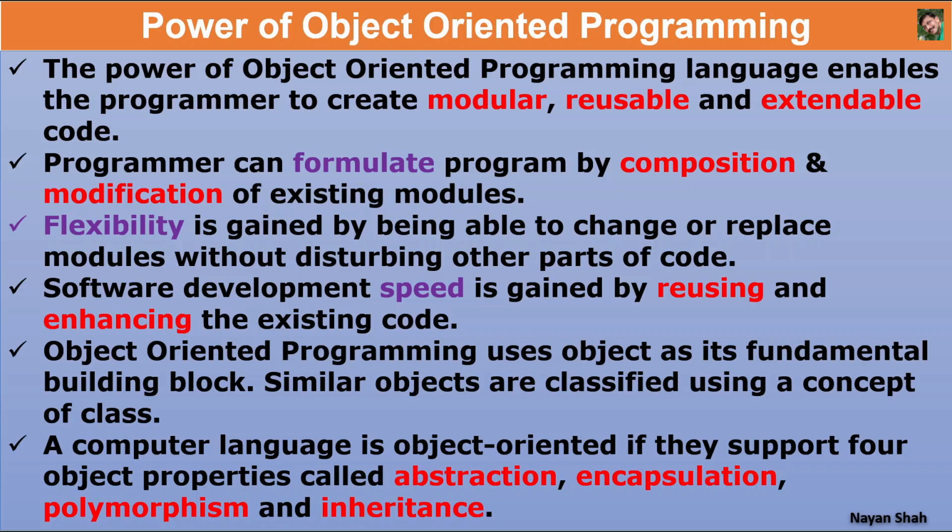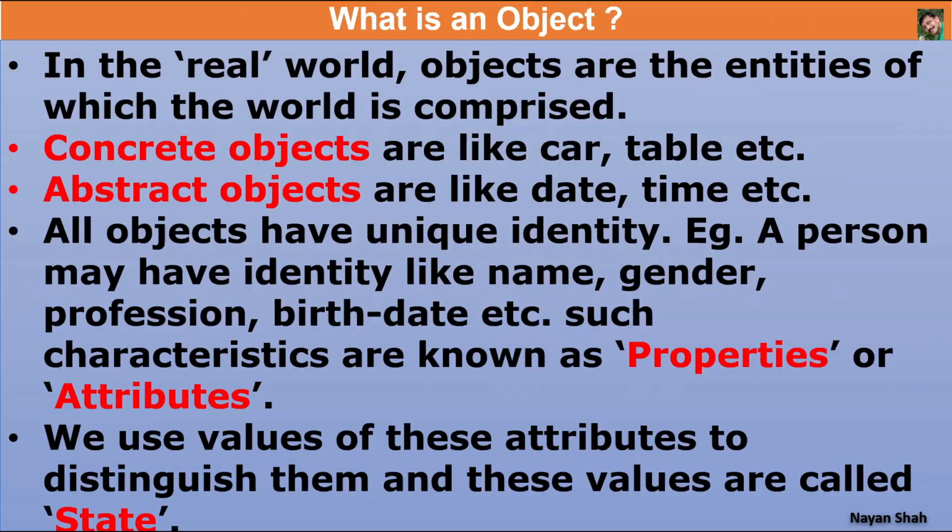So if you understand this modularity, think of a modular kitchen, if you know. A modular kitchen is where different things are manufactured or prepared at different places and then they are brought to one place and brought together to make one final product.